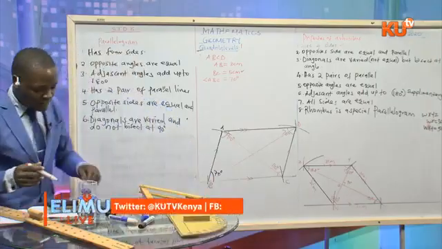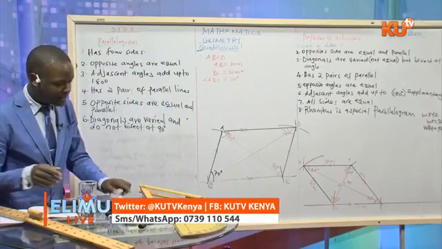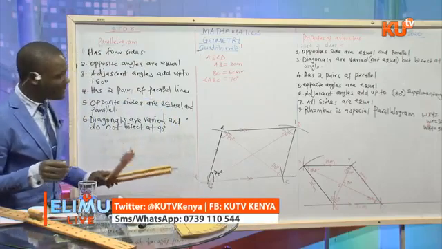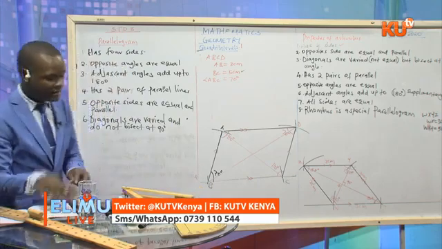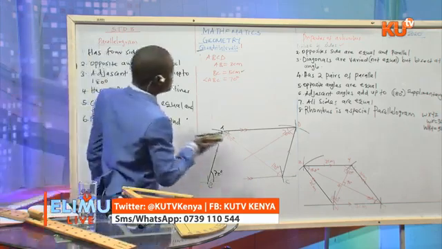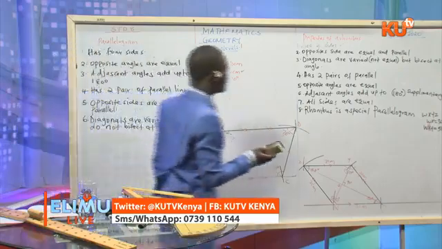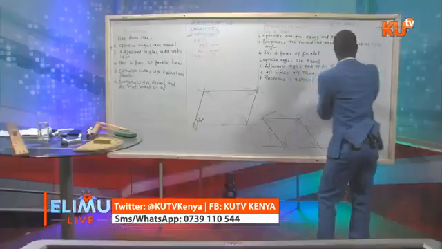And then we move to the next quadrilateral. That is rectangle. So let me use this part here. Rectangle.